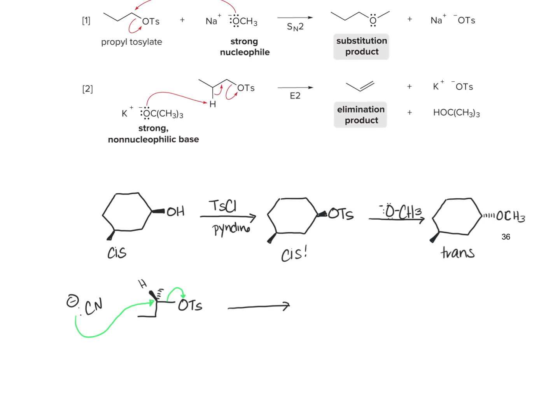What we would find is we would have an inversion of the configuration. So SN2 still will change that configuration. If we start with R, we'll end up with S. If we start with S, we'll end up with R.